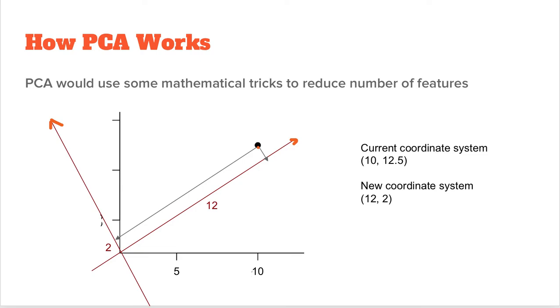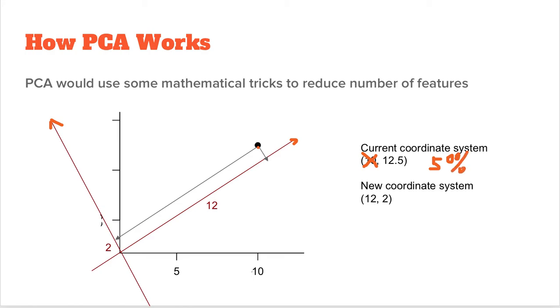So if we just want to reduce the dimension by removing one of the previous coordinates, we are going to lose about 50% of the information.